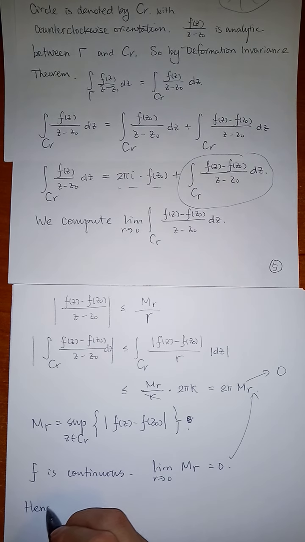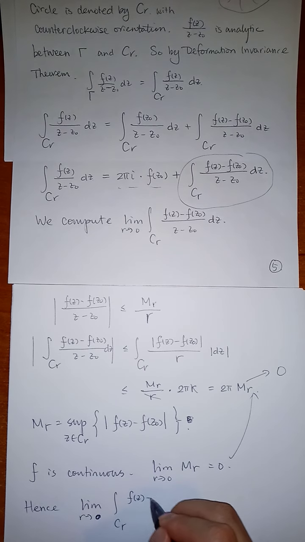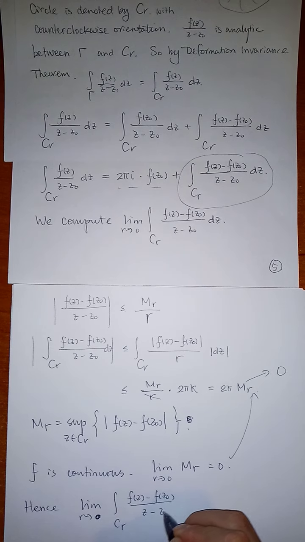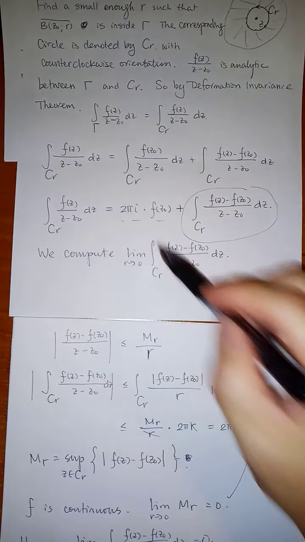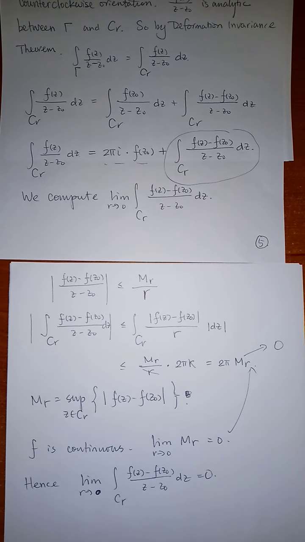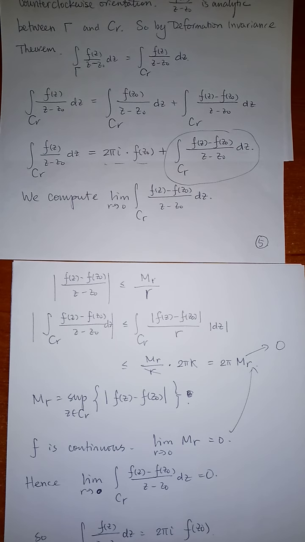Yes. The integral of (f(z) minus f(z0)) over (z minus z0) dz is equal to 0. And this term is 0, so you get the original statement. So the integral of f(z) over z minus z0 over gamma dz is equal to 2 pi i times f(z0). Okay, and that's it. You divide by 2 pi i, you get the statement.